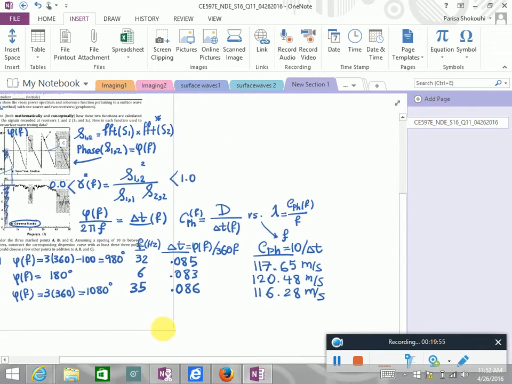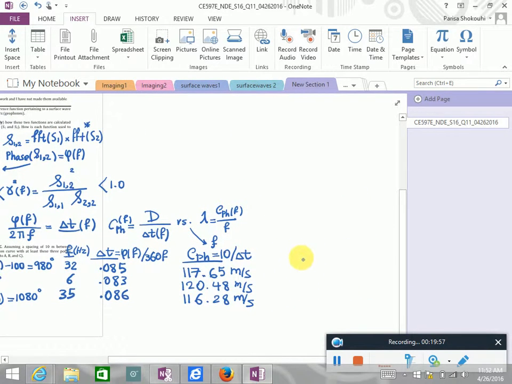So now we are not done. To get the dispersion curve, you also have to have either frequency or wavelengths. To calculate wavelengths, you also need the phase velocity. Pay attention here. The wavelength is also a function of phase velocity. So to get wavelengths, you divide the phase velocity by frequency.